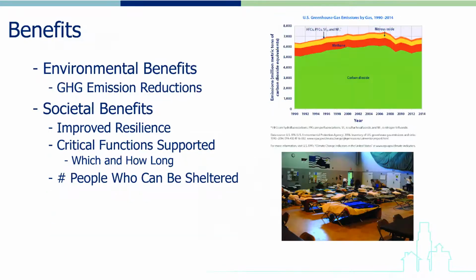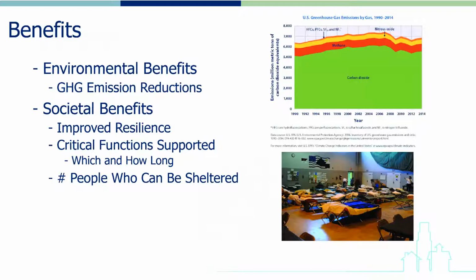Discussions of the potential environmental and societal benefits of the microgrid should also be included in this section of the plan. On the environmental side, questions such as, will the microgrid use technologies that reduce the facility's greenhouse gas emissions, and will the microgrid increase energy efficiency, should be asked. On the societal side, questions such as, how specifically will the project contribute to overall community resilience, should be asked.